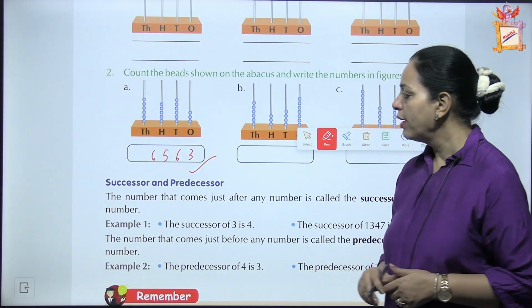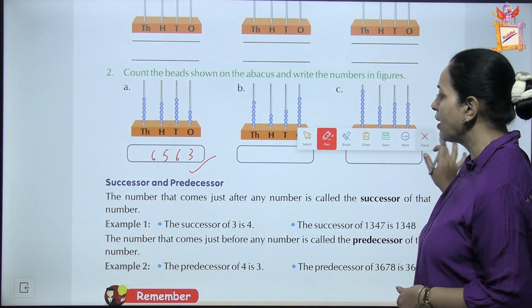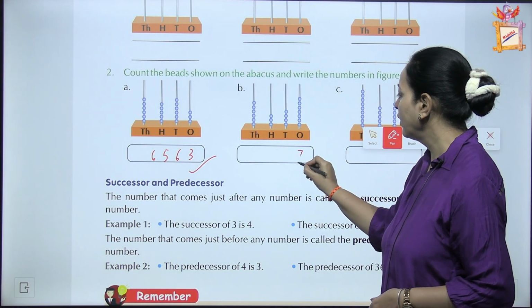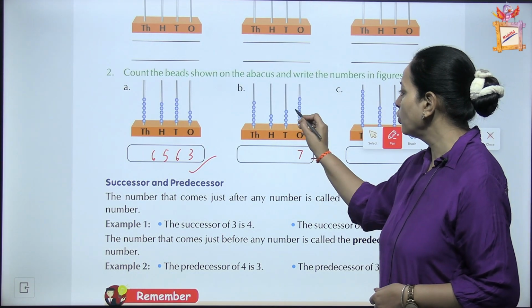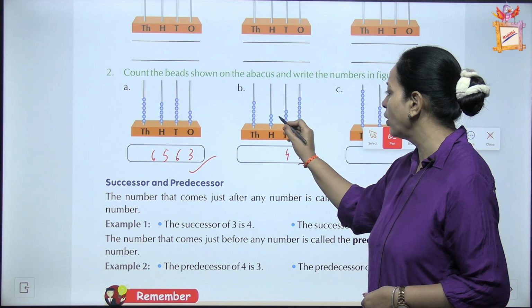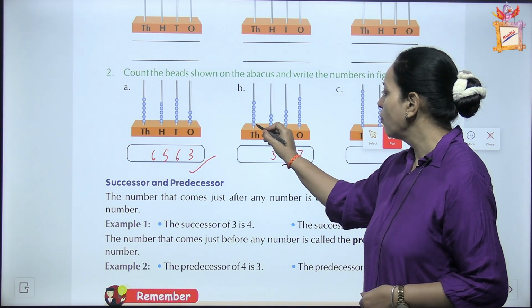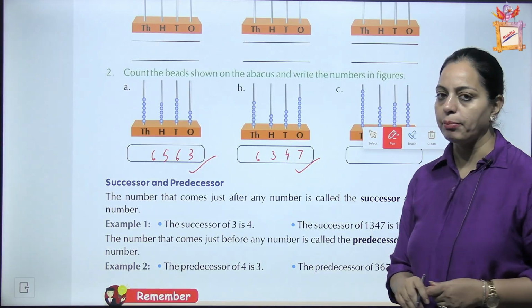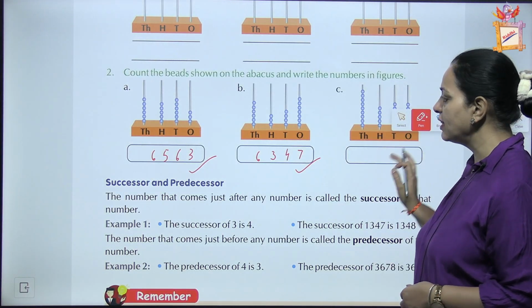This is the number. Similarly, B part: 1, 2, 3, 4, 5, 6, 7 beads in ones, 1, 2, 3, 4 in tens, 1, 2, 3 in hundreds, 1, 2, 3, 4, 5, 6 in thousands. This is the number. Similarly, you can try C part.